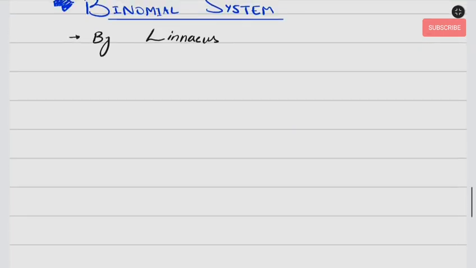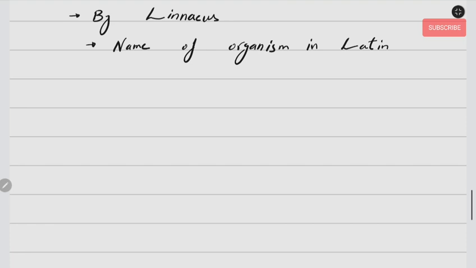So what is this system? What are the rules of this system? He said that every organism must be named. The name of the organism usually comes from the Latin language. Now we have exceptions and all that. It doesn't have to be, but he proposed this. Latin, using binomial system. So every name consists of two words.